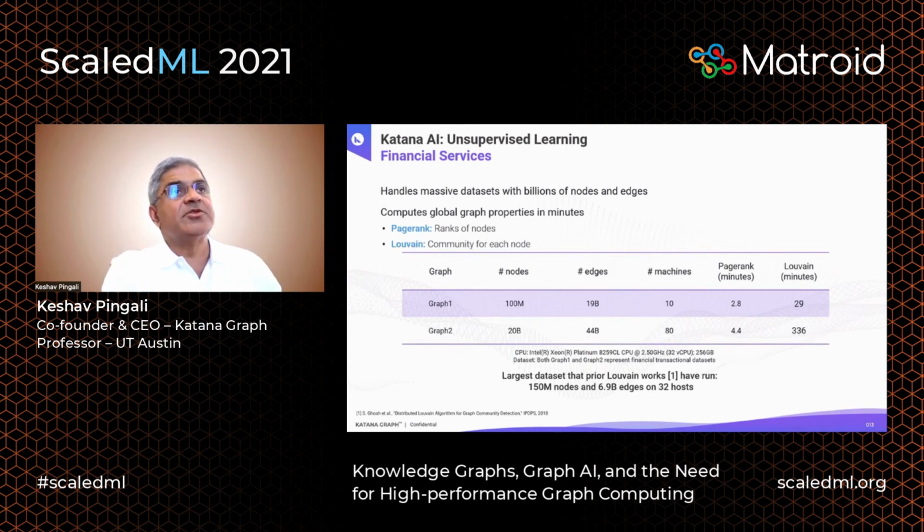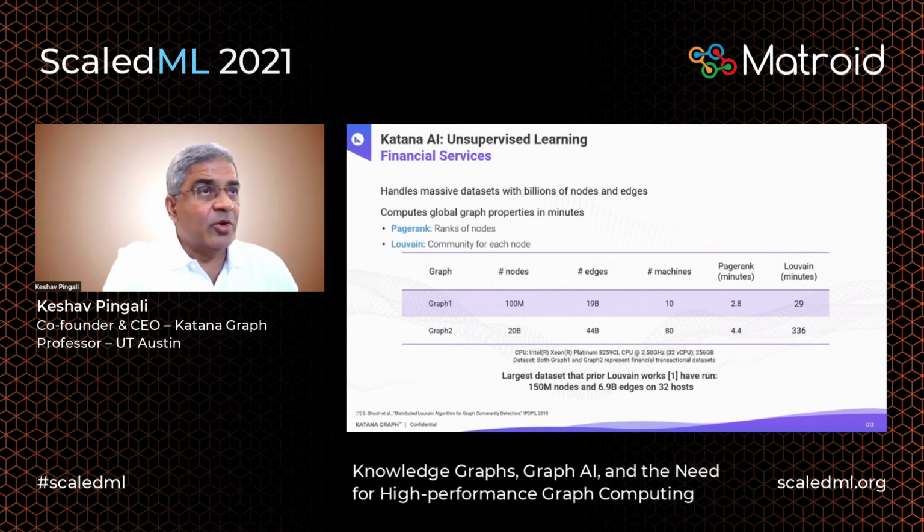Now, they wanted to see what our analytics routines were like. What they wanted us to do was to compute some global graph properties, in particular PageRank and Louvain clustering. I'm not going to go through the numbers over here. You can see what they are. But basically, we were able to do both PageRank and Louvain clustering in a fairly short amount of time, particularly compared to the results that we know of for Louvain clustering, for example.